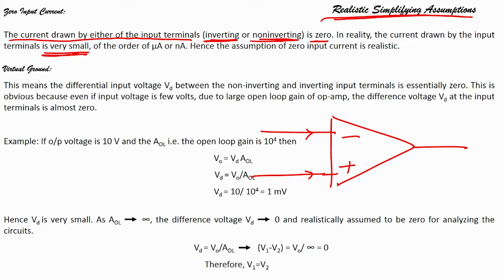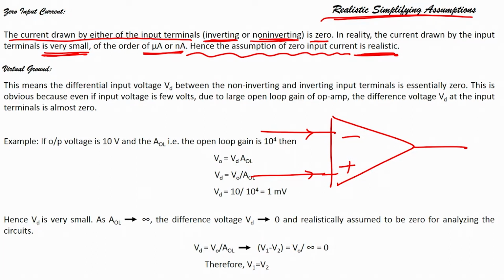By understanding input bias current and input offset current, we saw that there is a very small current that flows in the inverting and non-inverting terminal, which is of the order of microamps to nanoamps, right. Hence, the assumption of 0 input current is realistic.